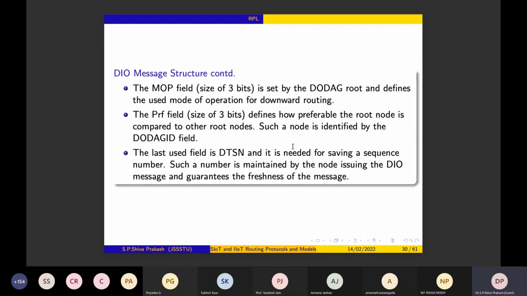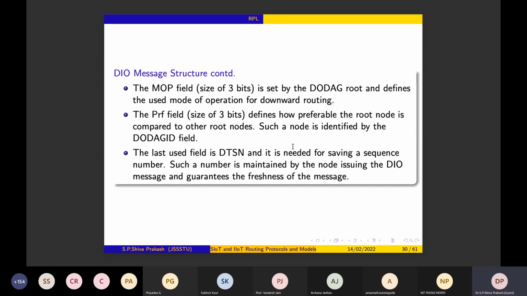And also this MOP field is 3 bits, which is set by the DODAG root and defines the mode of operation used for downward routing. And the PRF field, which is 3 bits, defines how preferable the root node is compared to other root nodes, where a node is identified by the DODAG ID field.